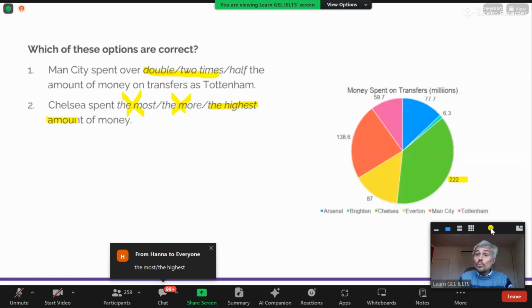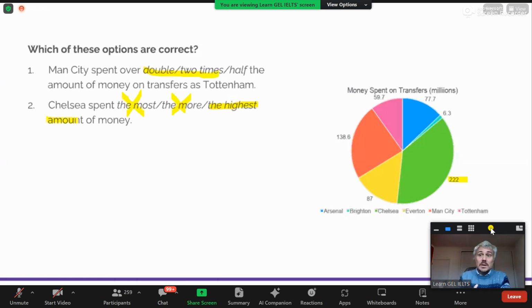The most already means amount. So we're repeating ourselves. We can say Chelsea spent the most money, but we can't say the most amount of money. It's saying the same thing twice. So the best one here is the highest amount of money.